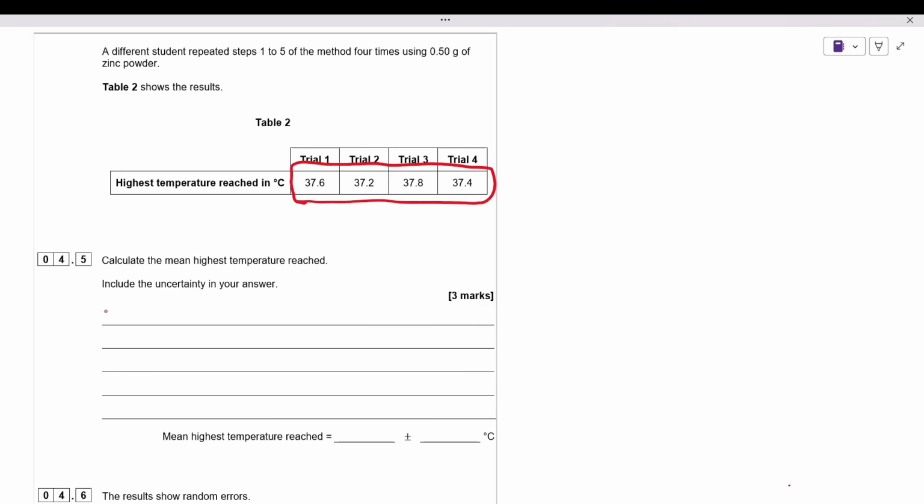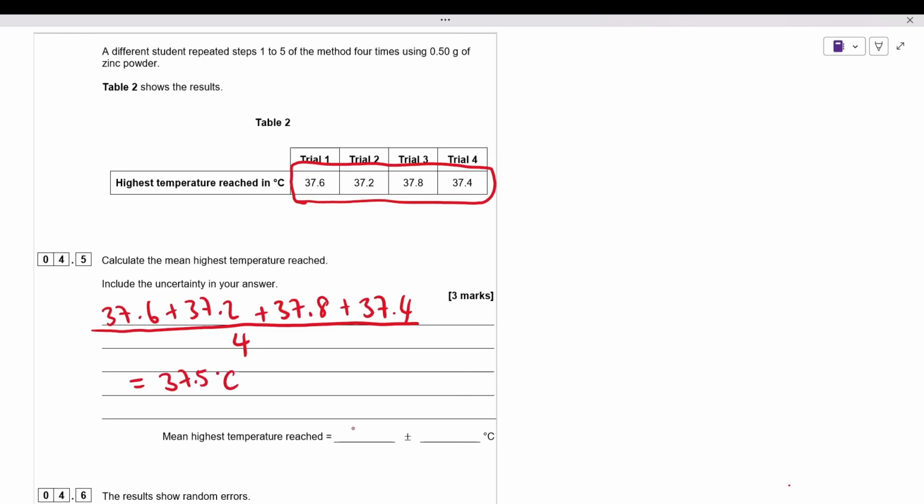So we're going to be using 37.6 plus 37.2 plus 37.8 plus 37.4, and we're dividing that by 4. So that's going to give us a value of 37.5 degrees Celsius.